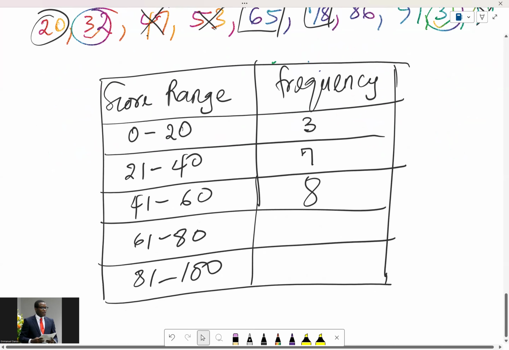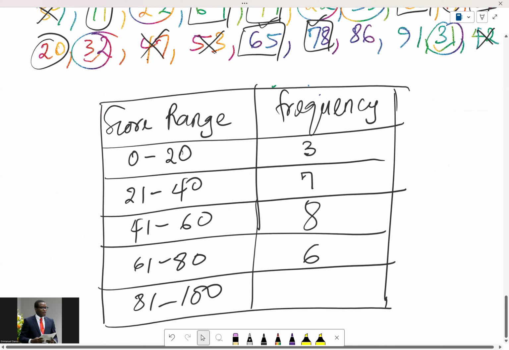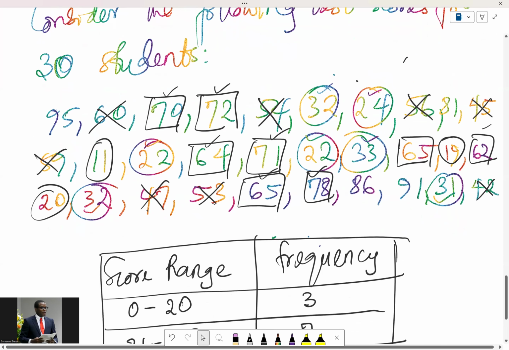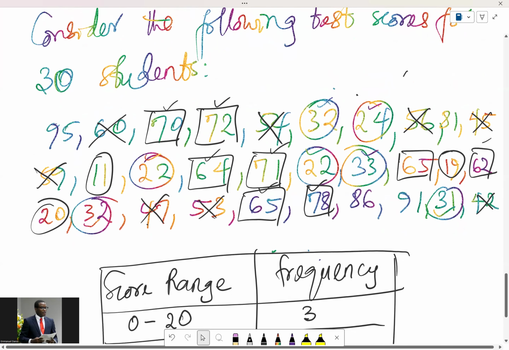Okay, that'll be 6 for 61 to 80. Then 81 to 100, of course, will just be anything that has not been touched so far. So that'll be 95, 81, 86, 91. I think that's all, I believe. So 1, 2, 3, 4. Yep, that should be 4.